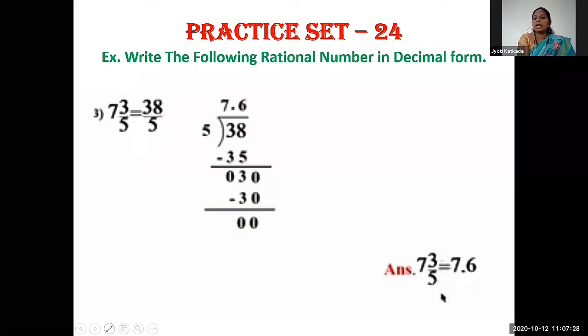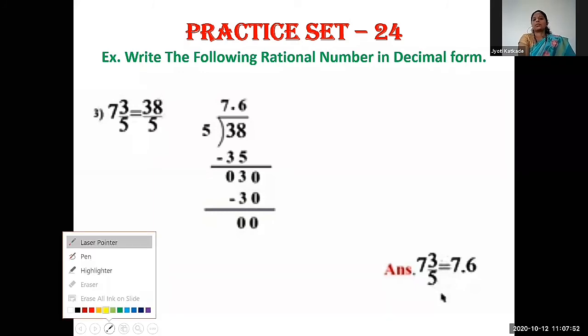Multiply 7 by 5 and add the numerator value. 7 5s are 35 plus 3, we get 38. Then we get 38 divided by 5. Now divide 38 by 5.